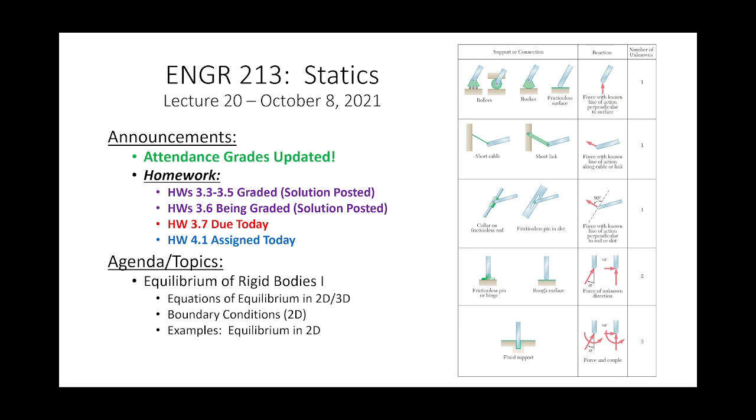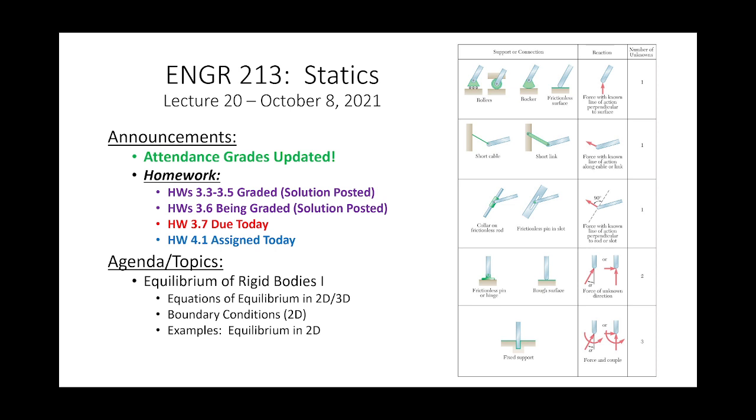This is a diagram showing a series of support conditions, and I'll illustrate some of these particular support conditions later in the lecture. But it's going to be important throughout this topic to recognize the support and understand what the unknown forces are at that support condition.